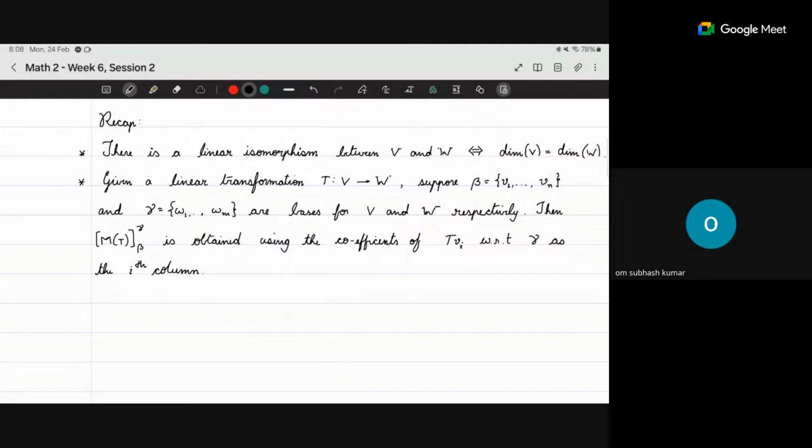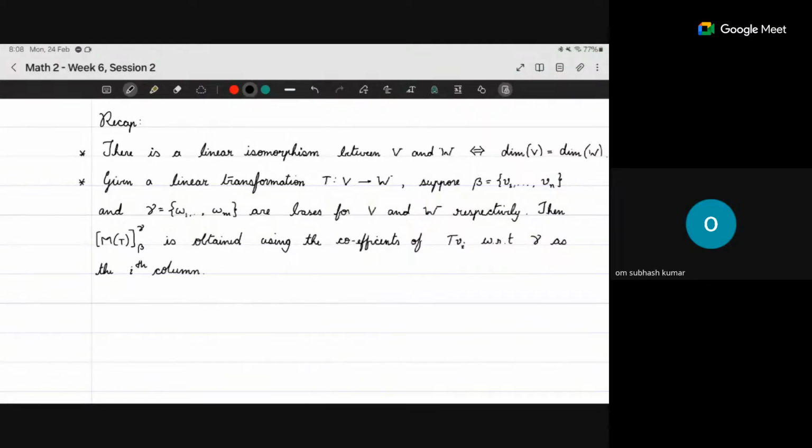So I'm here assuming that the dimension of V is n and the dimension of W is m. So you have these vectors Vi and Wi, which form bases for V and W respectively. Then you can associate a matrix, which is dependent on the choice of the basis, by the way.